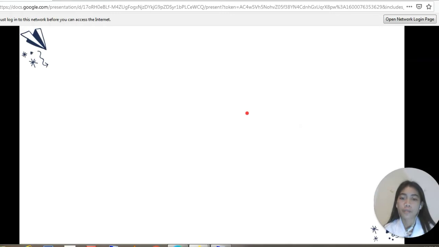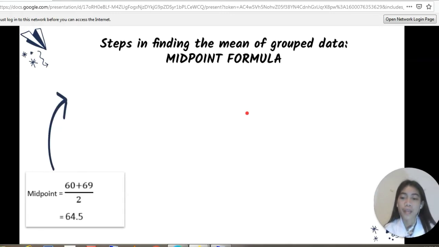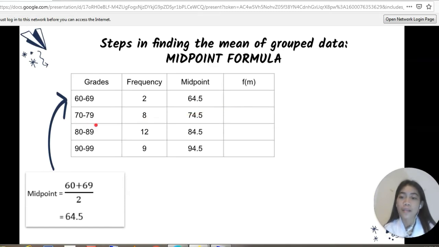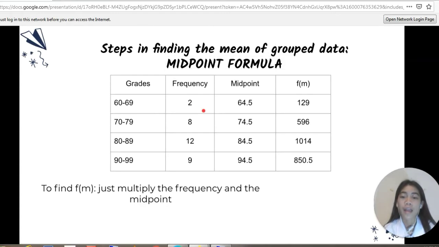For example, 60 plus 69 divided by 2 is equal to 64.5. 70 plus 79 divided by 2 is equal to 74.5, and so on. To find the f times m, you just have to multiply the frequency and the midpoint. 2 times 64.5 is equal to 129.